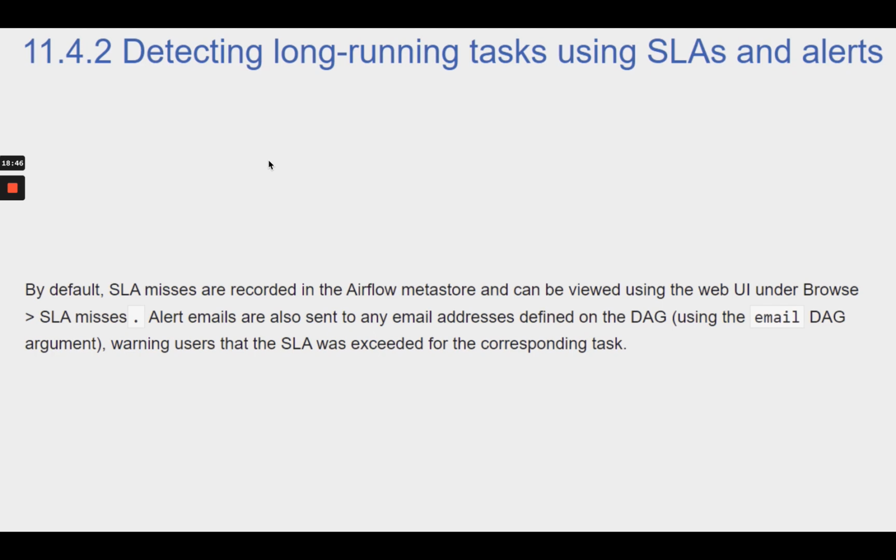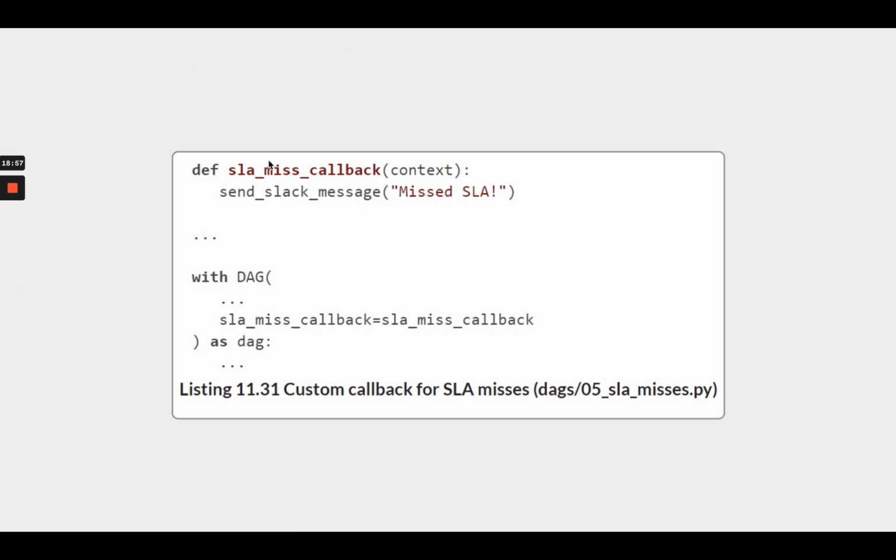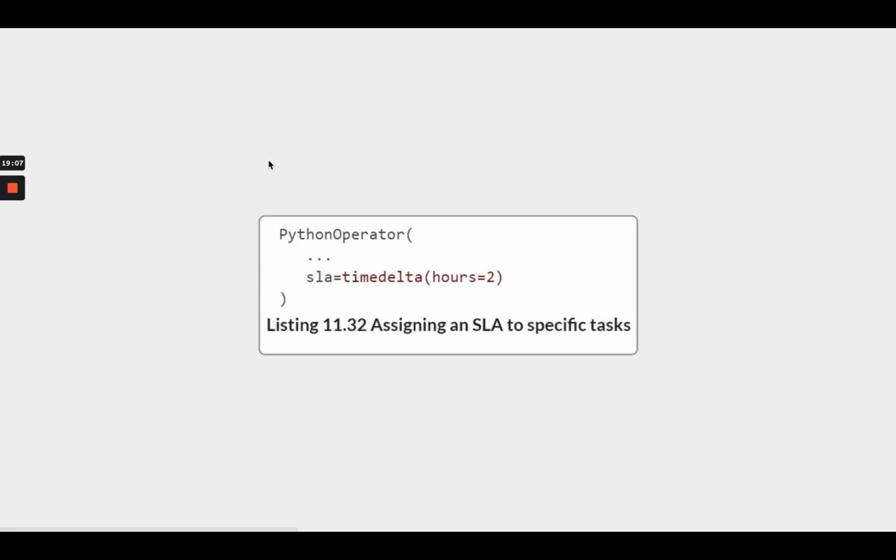Alert emails are also sent to any email addresses defined on the DAG using the email DAG argument, warning users that the SLA was exceeded for the corresponding task. You can also define custom handlers for SLA misses by passing a handler function to the DAG using the sla_miss_callback parameter.